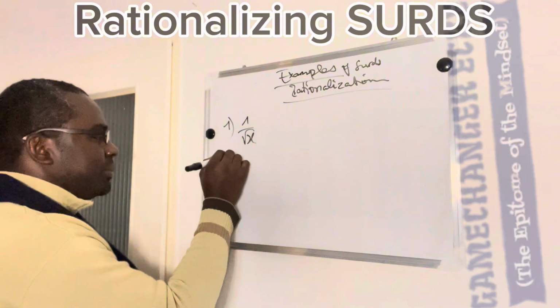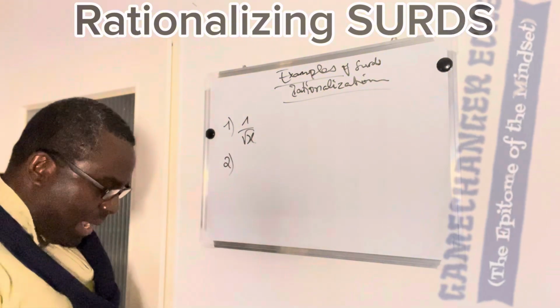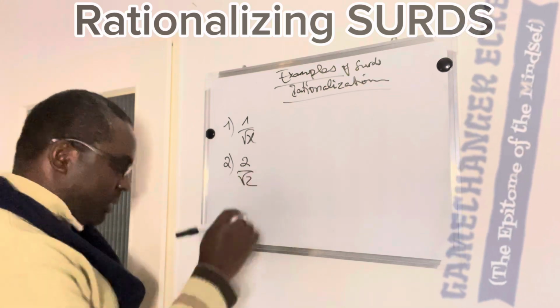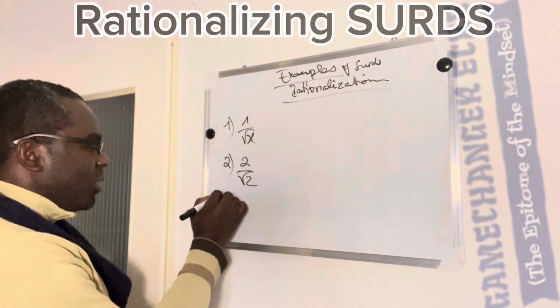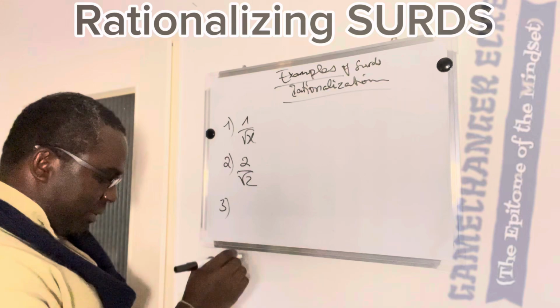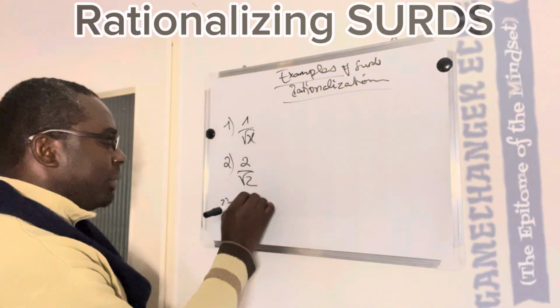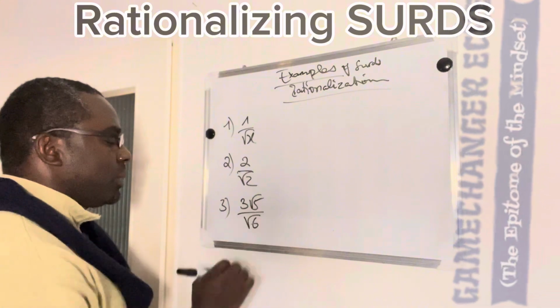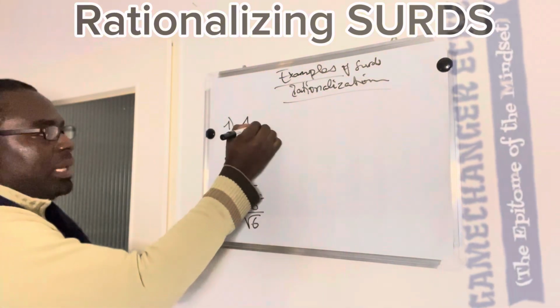Number two, we have been asked to rationalize 2 over root 2. Number three, we have been asked to rationalize 3 root 5 over root 6. Let's look at this.